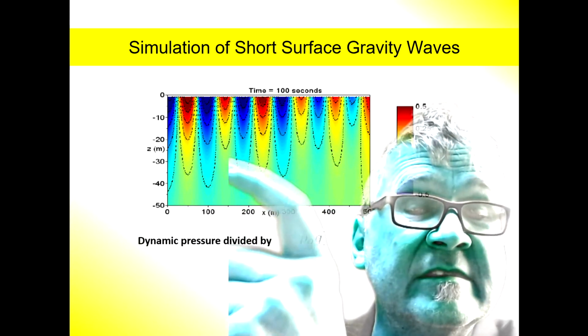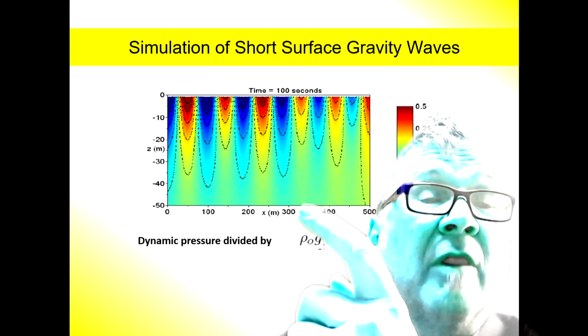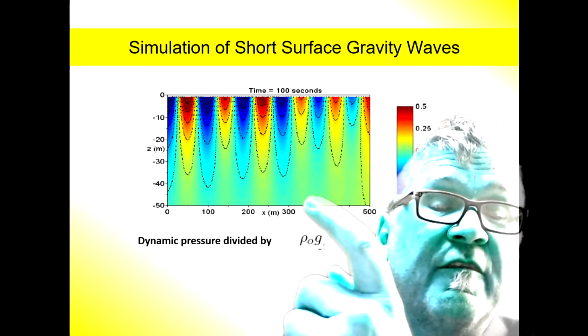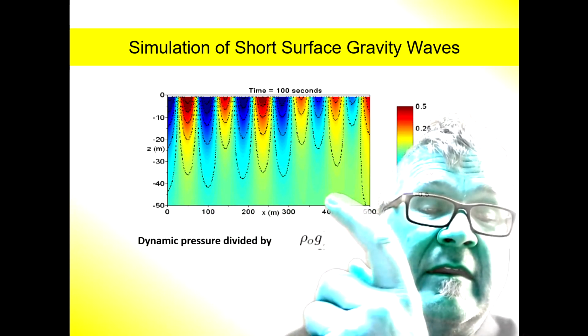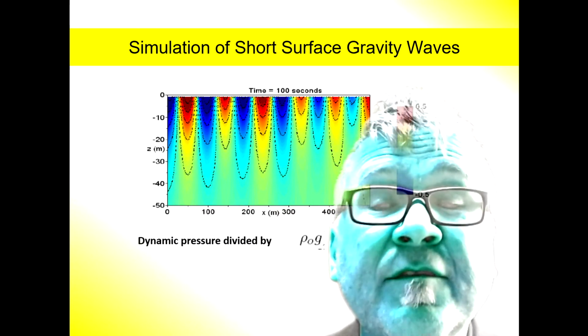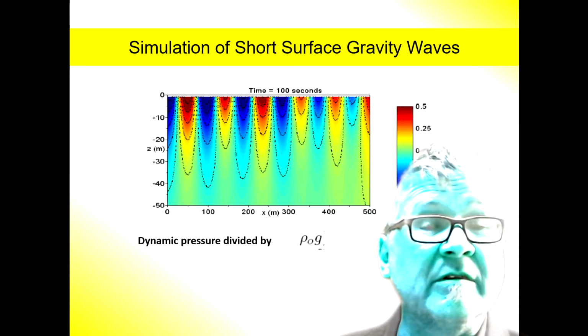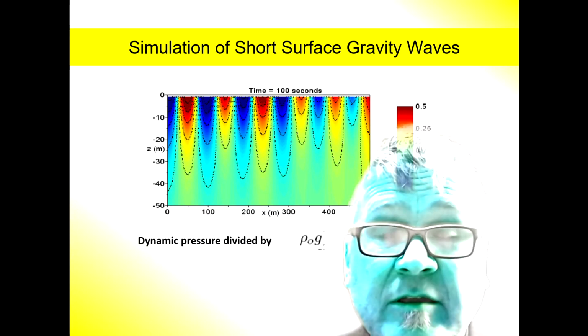Another feature that you can see, this is pressure here, is that the horizontal pressure gradients become smaller. At the bottom, there is a very, very small difference. These waves actually disappear at depth. This is exactly what we wanted, short surface gravity waves.